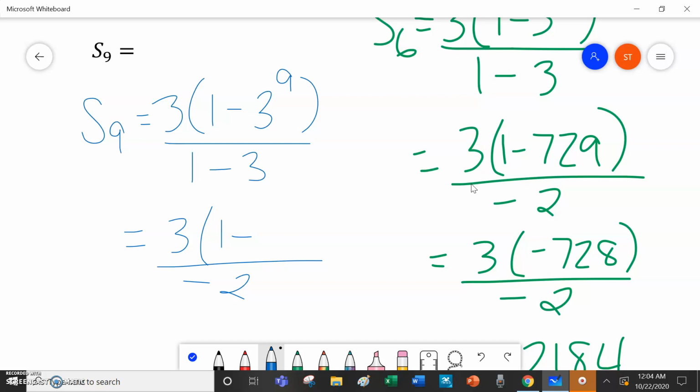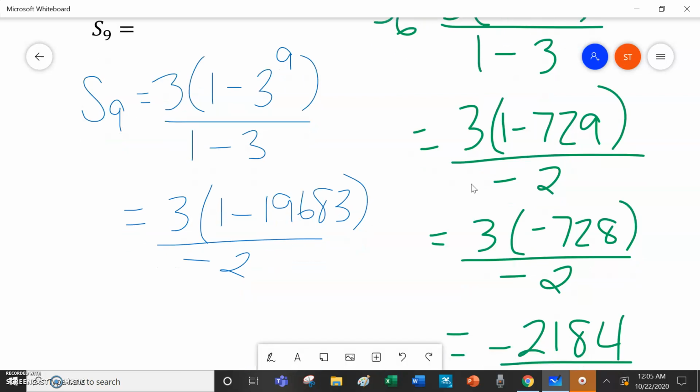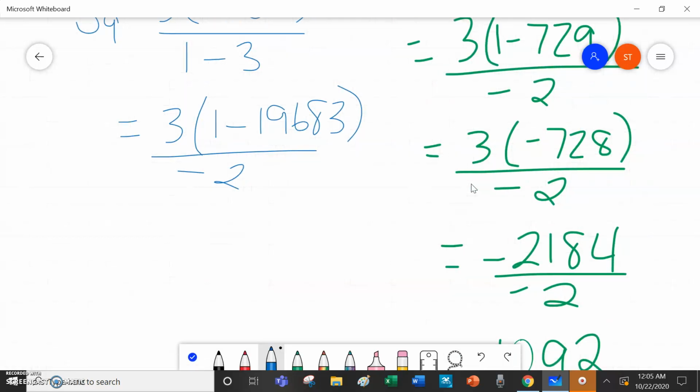When I do 3 to the 9th power, I get 19,683. I'm going to do the subtraction. 1 minus 19,683 is negative 19,682.